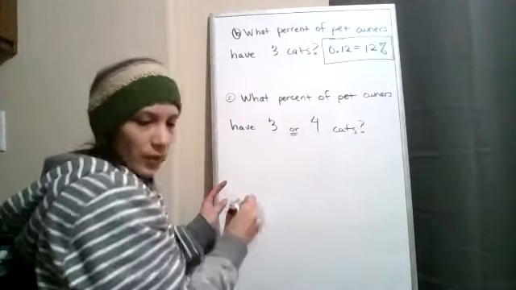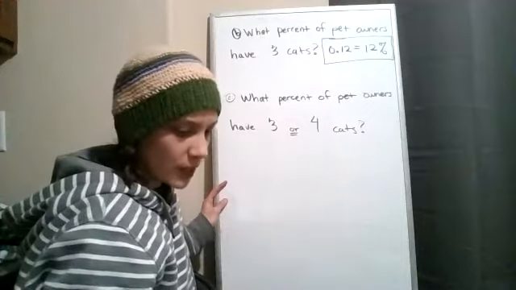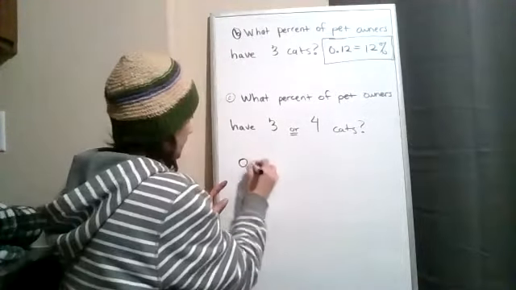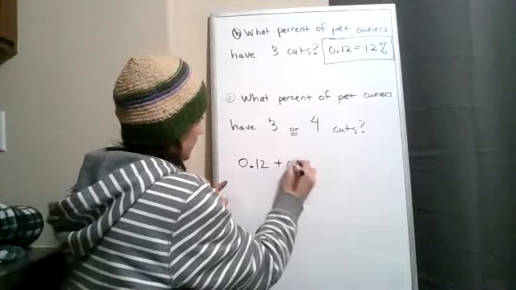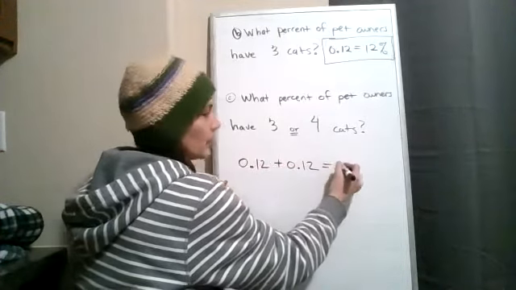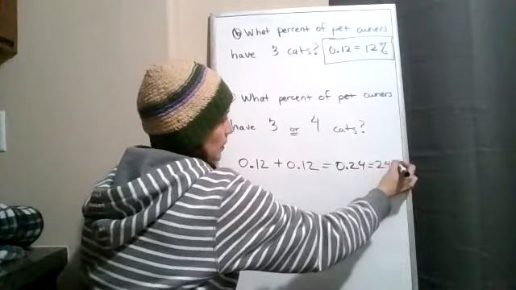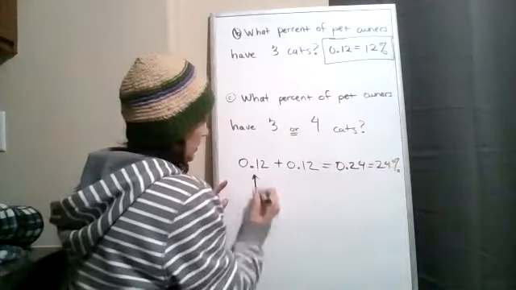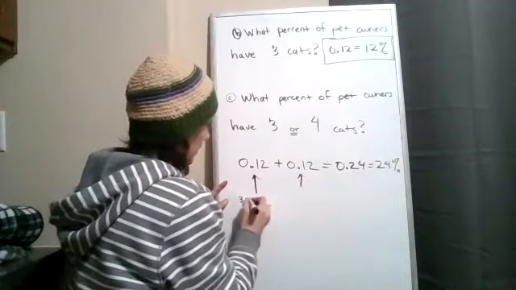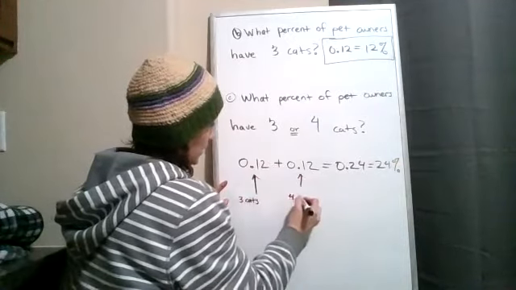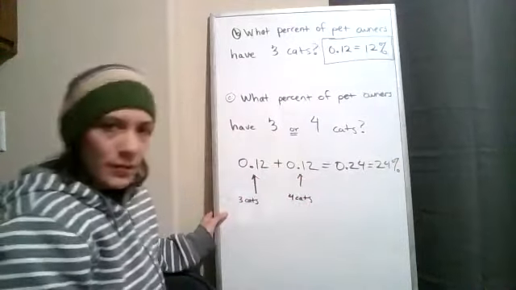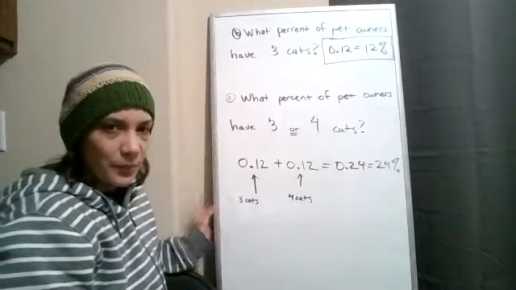It was 0.12 for 3 and another 0.12. You said it was 24.